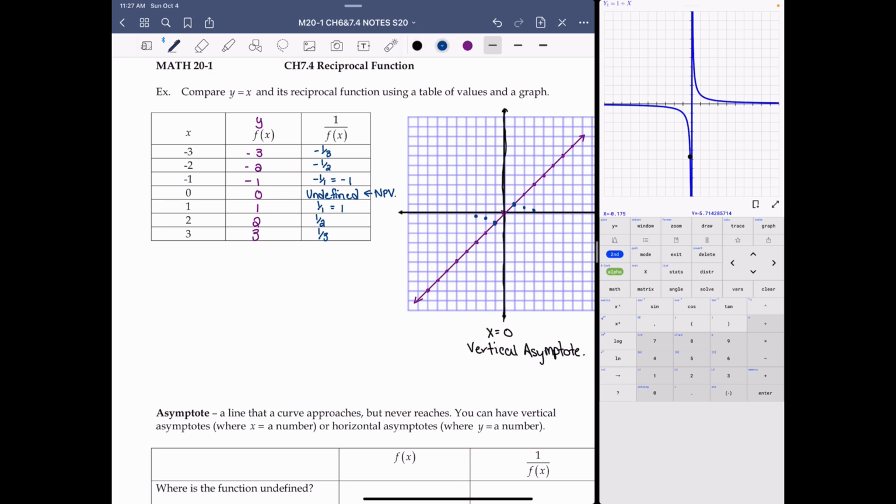And then we have these two curves, one in the top right and one in the bottom left. They get really, really close to the x-axis.